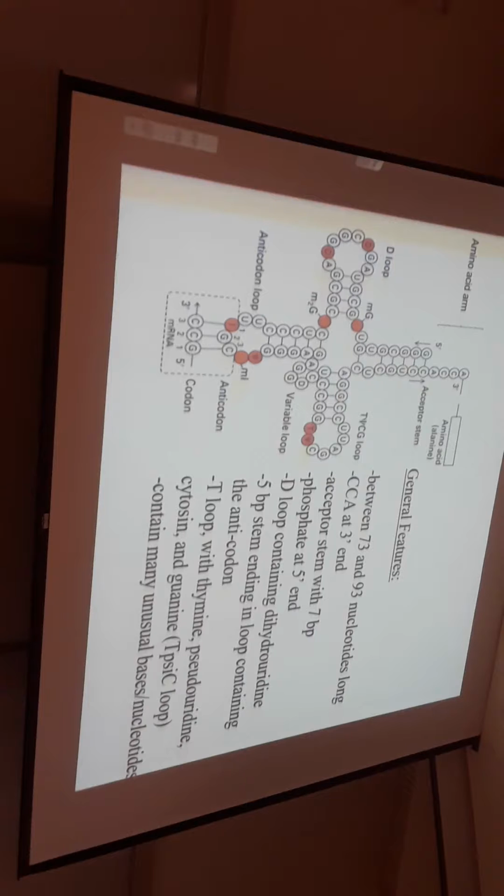I told you that the amino acid is bound here in this region where we have the 5' end and 3' end, and there's a so-called amino acid arm, which contains 3 terminal nucleotides, namely C, C, and an A. So the very last nucleotide that we find here at the 3' end is an adenylate. You want to keep that in mind, because we will take a closer look at how amino acids are linked to this adenylate in a moment.